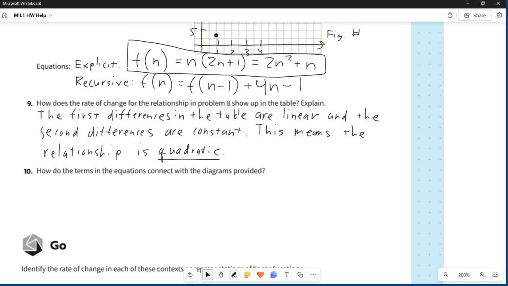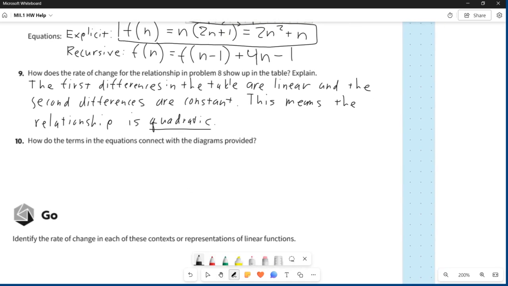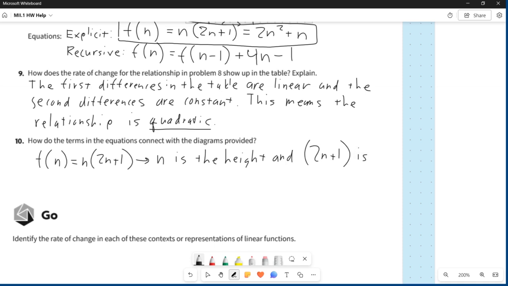If I look at, say, f of n is n times 2n plus 1, well, as we talked about, n is the height, and 2n plus 1 is the width, or length, however you want to say that. And f of n is the area.